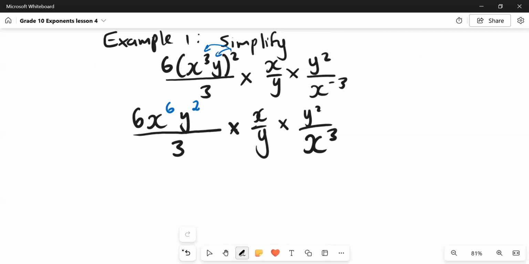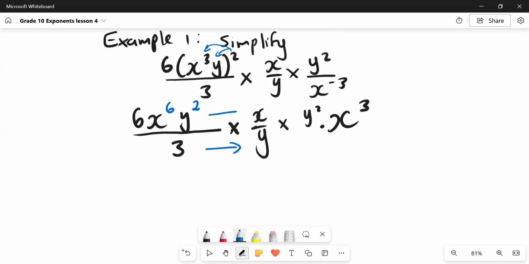From here, the only thing you have to do is multiply all the numerators and then all the denominators as well. So you will have your x times x to the power of 3. It's no longer a denominator. So in the denominators you only have 3 and y, and the numerators have everything.